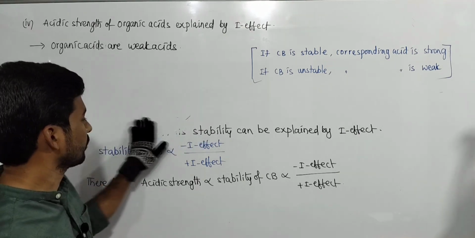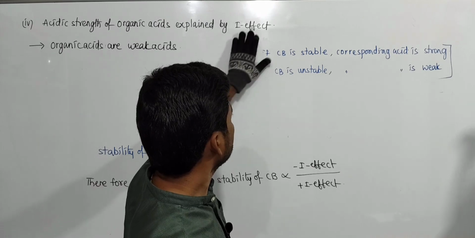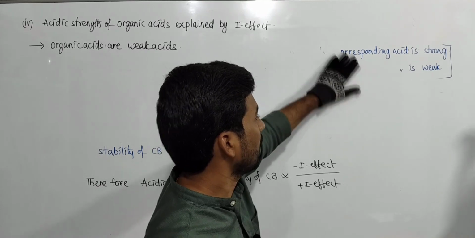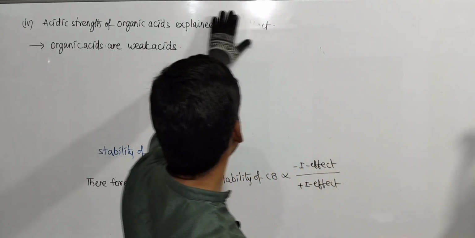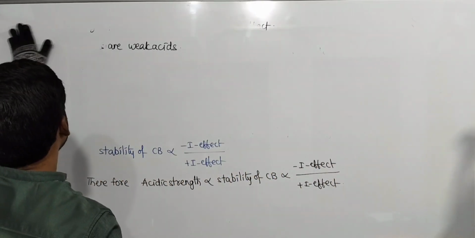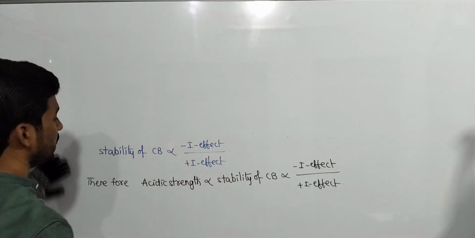Sometimes questions may ask: write the Ka order of the following acids, or the pKa order of the following acids. They may ask for the acid dissociation constant order, and pKa order also.